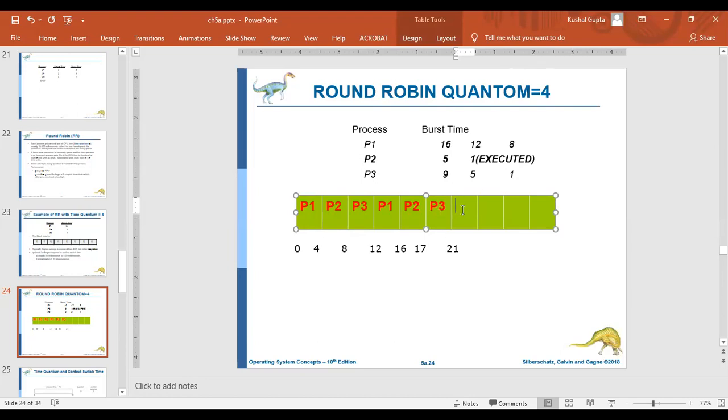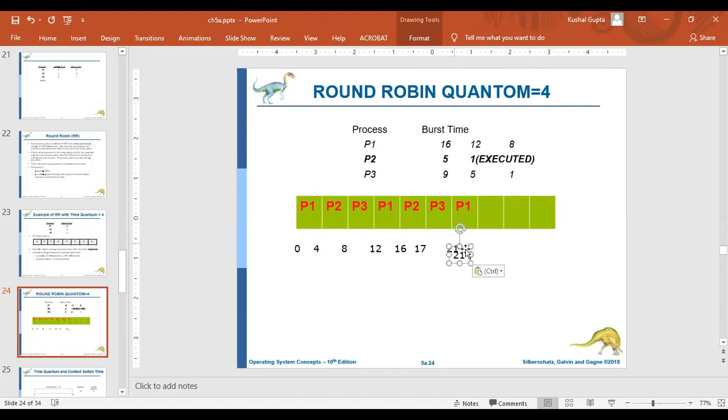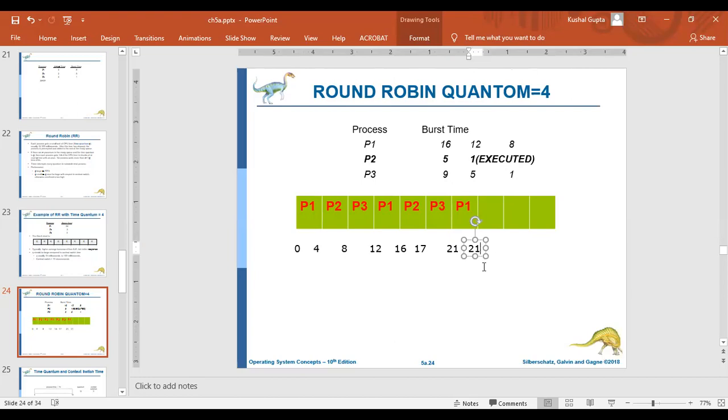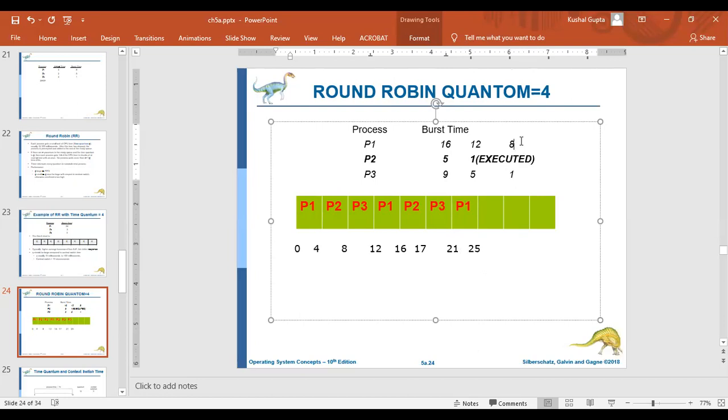After P3, again P1 will be coming. Till what time P1 will run? Till what time P1 will be running? 25. Now 25, what it is required? Only 4.